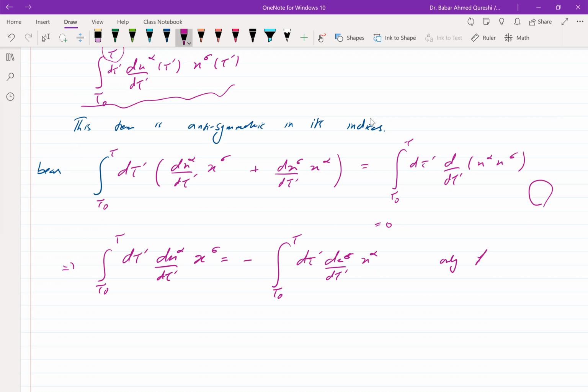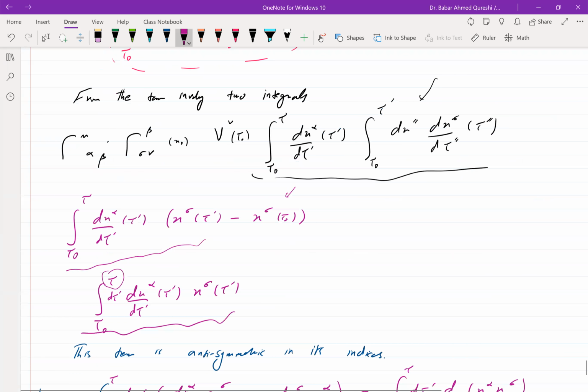Only for a closed loop. I'm not writing this tau as tau naught because that gives the confusion as if the integral is 0 because I didn't do anything, but it's not that. I'm starting from tau naught and coming back to tau, but at the same point. But since I'm at the same point, I get this thing equal to 0, and the integral is then antisymmetric.